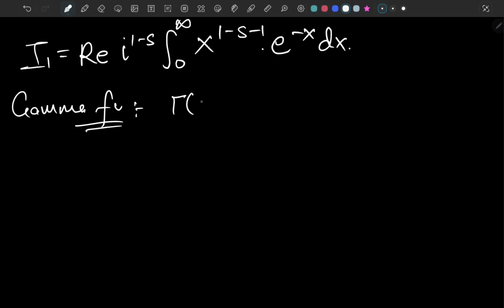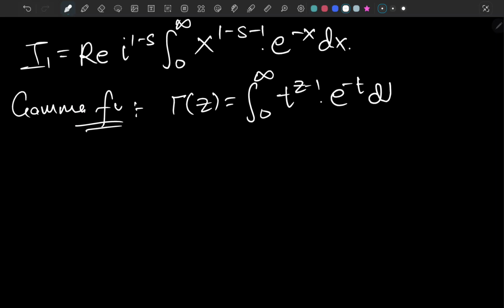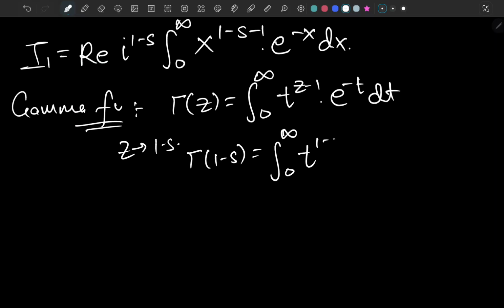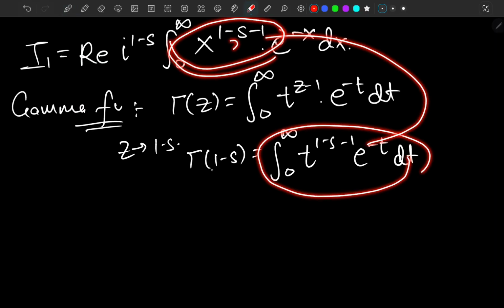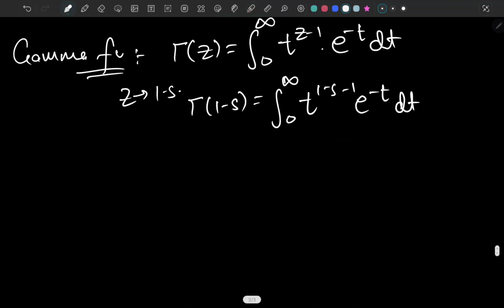Gamma of z equals integral from 0 to infinity of t to the z minus 1 e to the negative t dt. If we replace z with 1 minus s here, gamma of 1 minus s equals integral from 0 to infinity of t to the 1 minus s minus 1 e to the negative t dt. And that's exactly what we have here, so this can be written as gamma of 1 minus s.